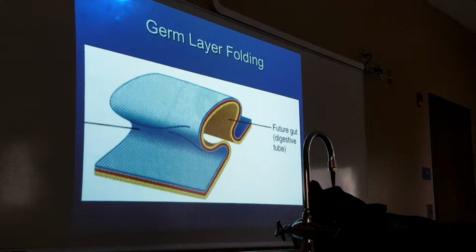Okay, and the way the folding that I demonstrated with the papers, we have a tube within a tube there. And the endoderm is going to become the future digestive system. The ectoderm becomes the epidermis and the nervous system.